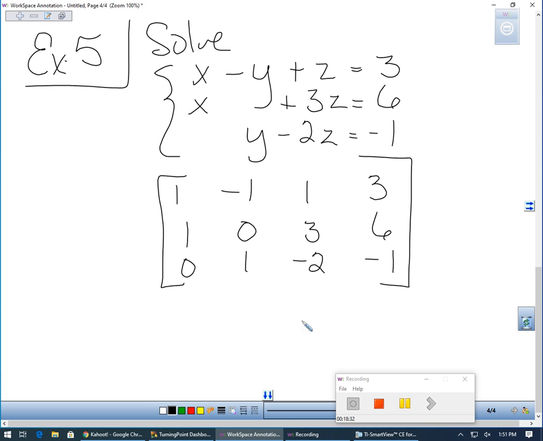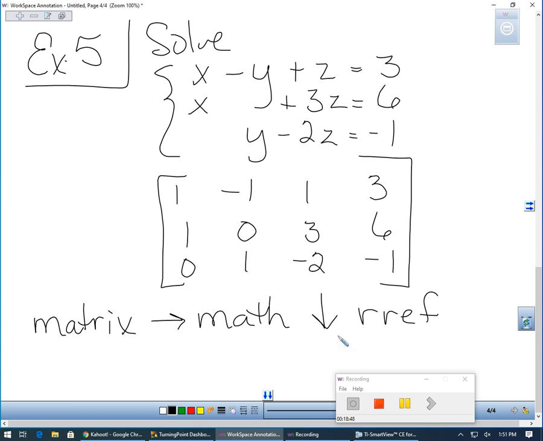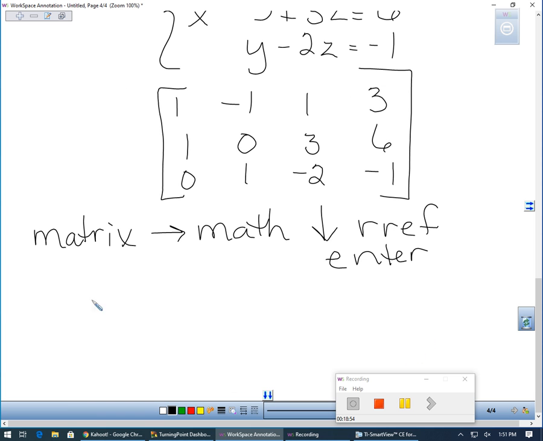All right, so this time, again, we're going to go back into our calculator. We're going to practice this again. You're going into matrix, over to math, going to push down to RREF, and hit enter. You have to have that RREF there first. Then we're going to go to alpha, F3.